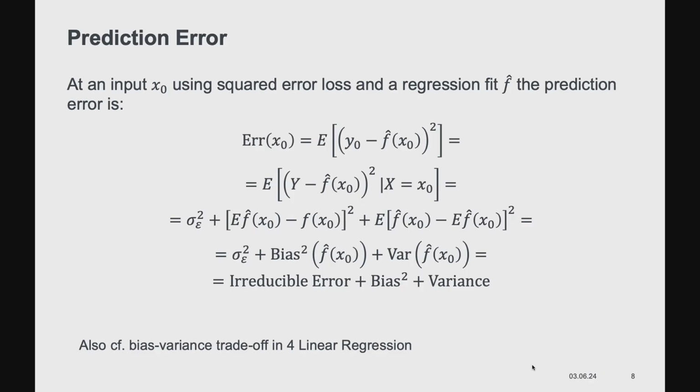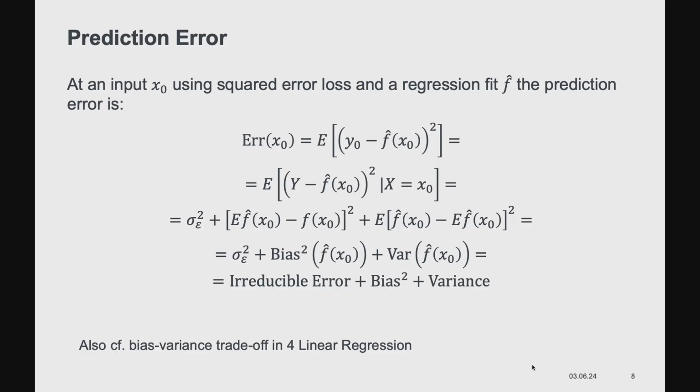When we analyzed that in the slide deck on linear regression, we found that this error consists of the variance we have in our data, which is the irreducible error. We had the assumption in linear regression that we have a linear generating function and some fluctuation on top of that. So that is irreducible error, which we cannot avoid.